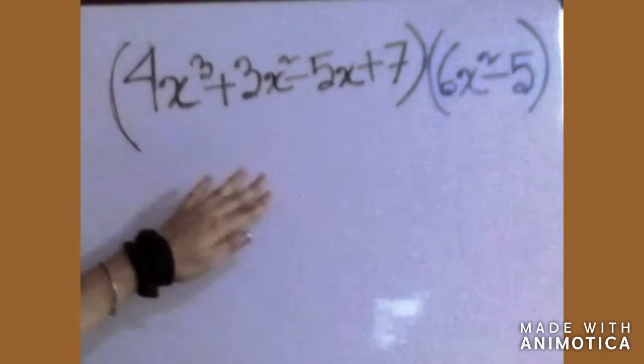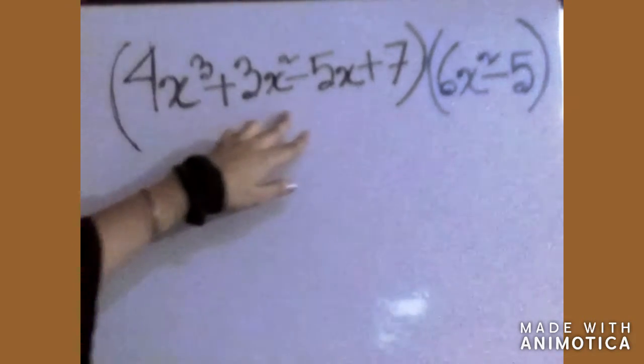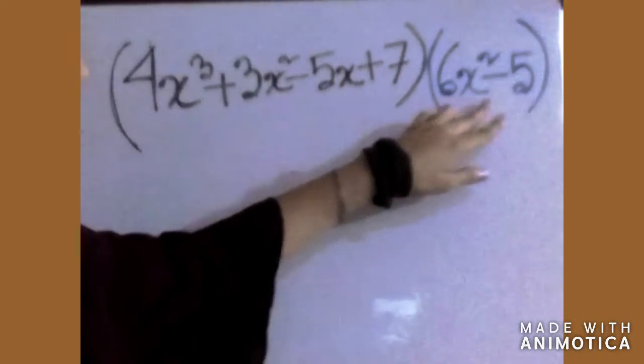Now we have to find the product of the two polynomials, 4x cube plus 3x square minus 5x plus 7 into 6x square minus 5.